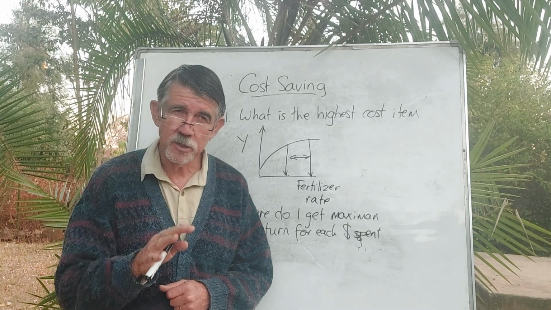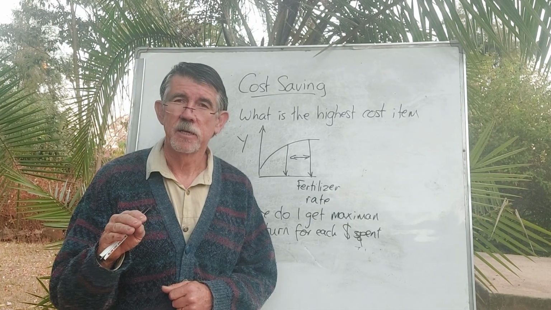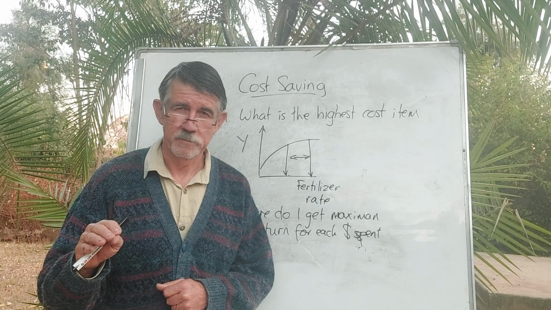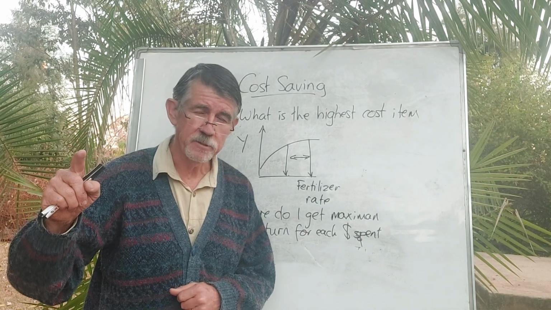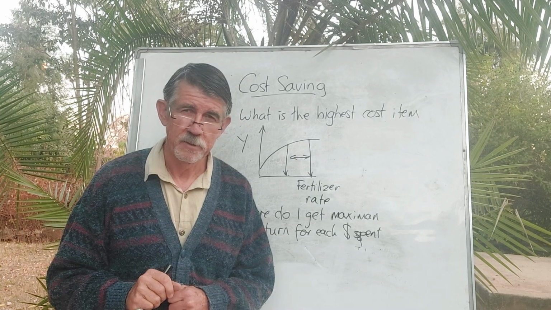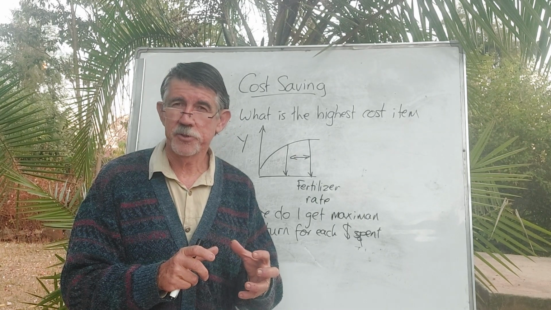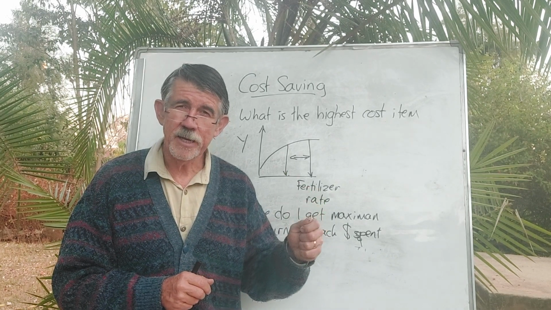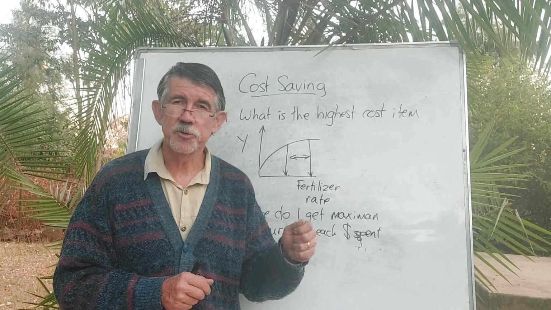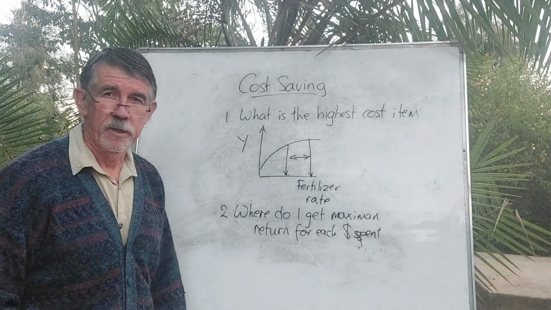So analyze your cost and say, is that cost really earning me income? Is it really contributing to that output of yield that I expect? And you can apply that also to your overheads. Is the money that I'm spending on each overhead item really contributing to the wealth creation on my farm?